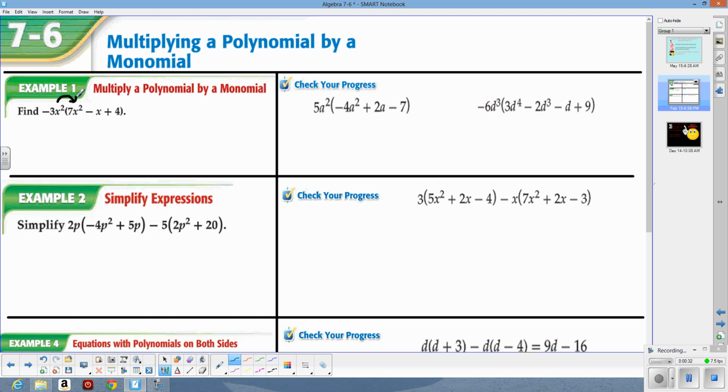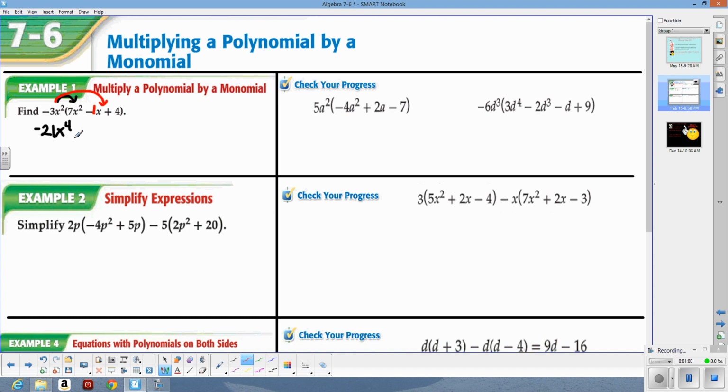So the first term, we're going to multiply the negative 3 times 7, and you get negative 21. And then x squared times x squared is a total of 4 x's being multiplied together, so it's x to the 4th. Next, we have a negative 3x squared times a negative 1x.